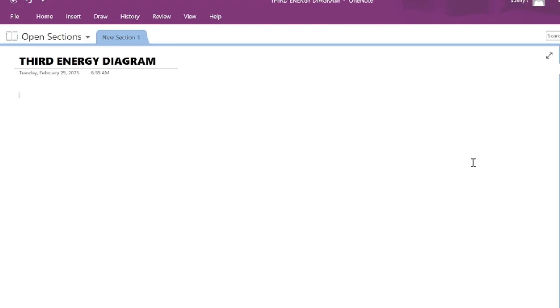And we saw what the energy diagram looks like and the activation energy, and we saw that it's going to be a positive delta G because the energy content of the product is far higher than the energy content of the reactant. So today we'll be looking at the third energy diagram that shows us the relationship between thermodynamics and kinetics.